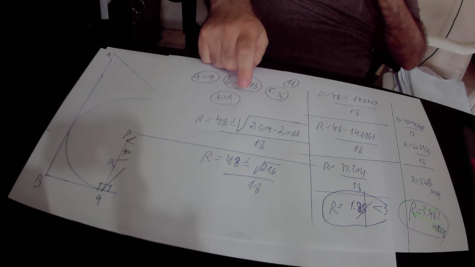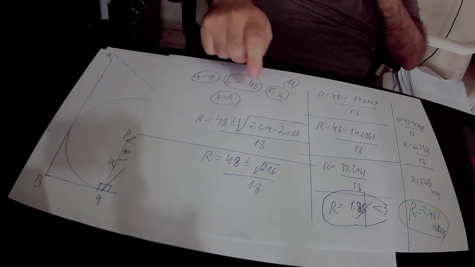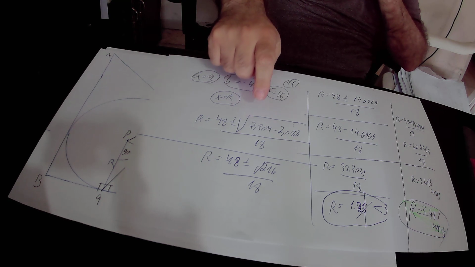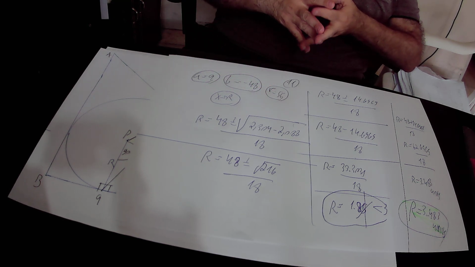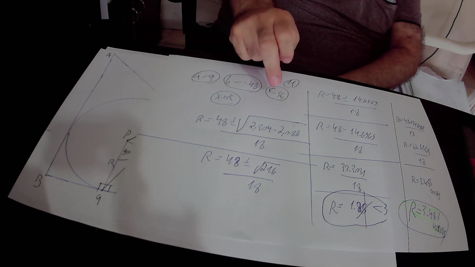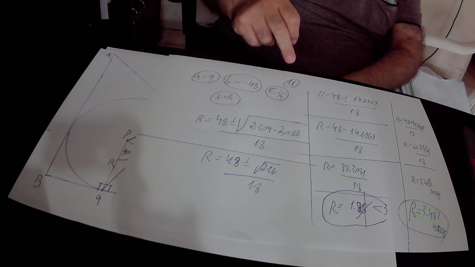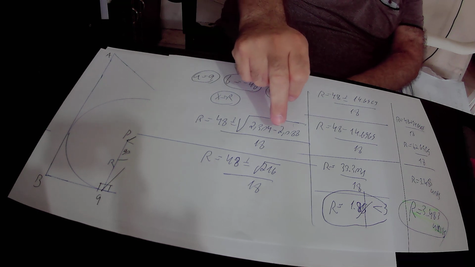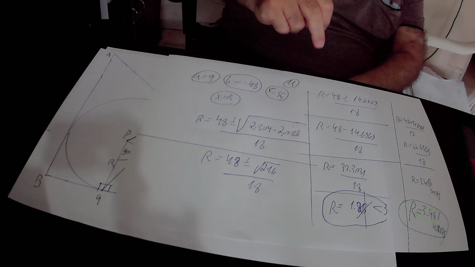So in conclusion, the radius of the big circle is equal to 48 plus minus the square root of 2304 minus 2088, which is 216, over 18.